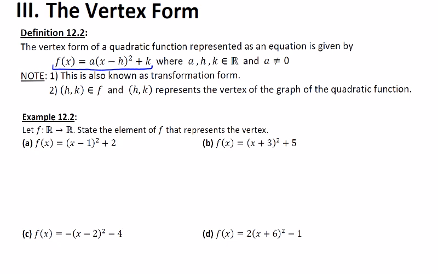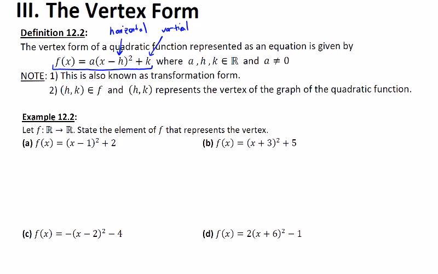When we talked about transformations, we talked about adding or subtracting a number from the x on the inside. That represents a horizontal shift. Plus k is going to cause your function to either shift up or down. So that's a vertical shift.